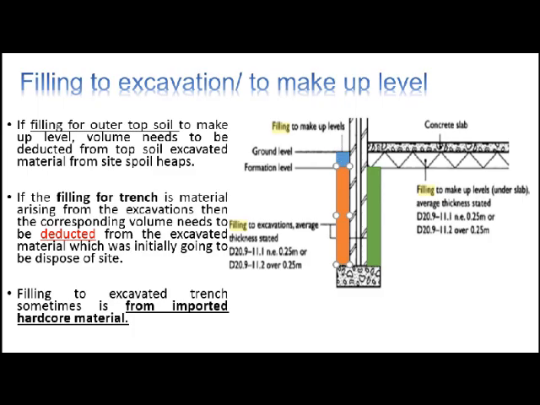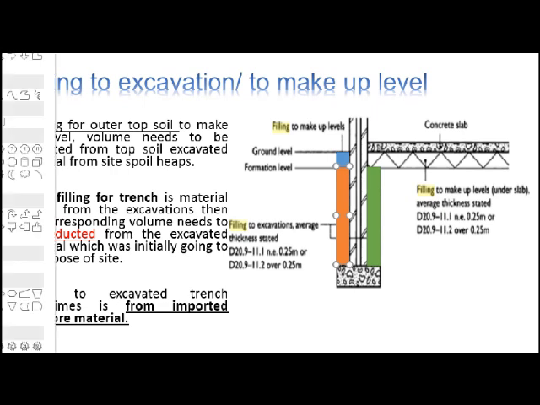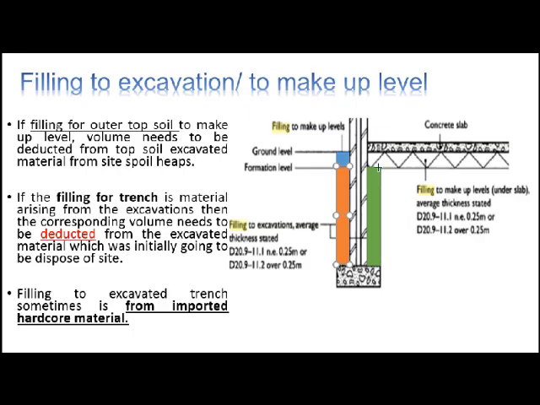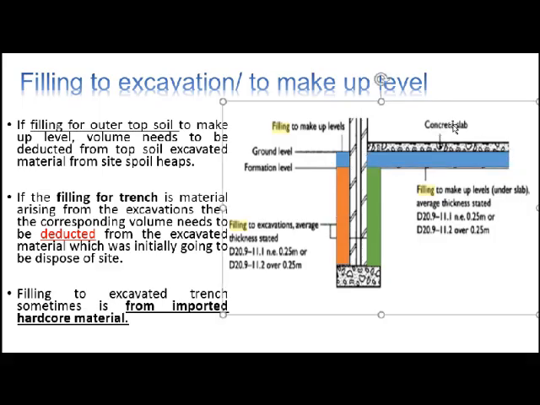So this is outer topsoil, but in order for you to make up for the concrete slab, you need to provide another stable component here. This is also made of hardcore filling, before you place your concrete slab. So if you count 1, 2, 3, 4, there are different types of filling to make up the level.